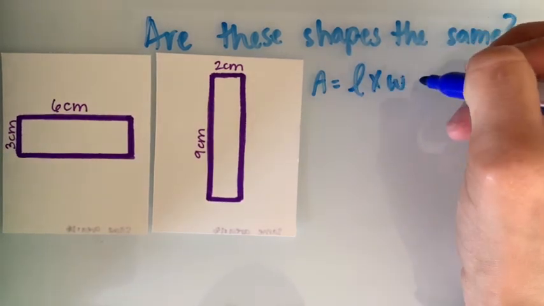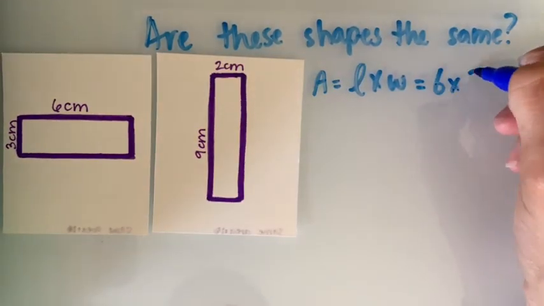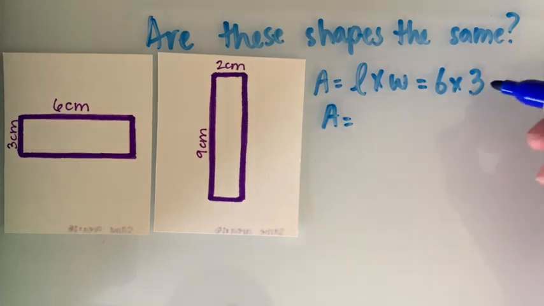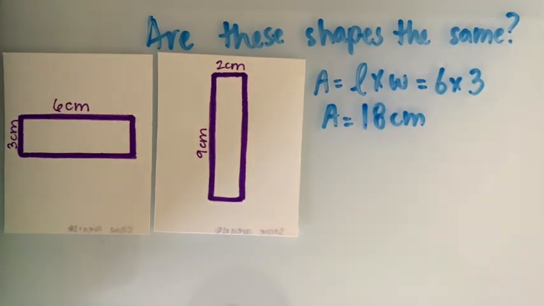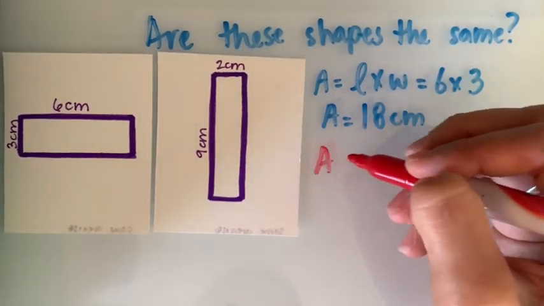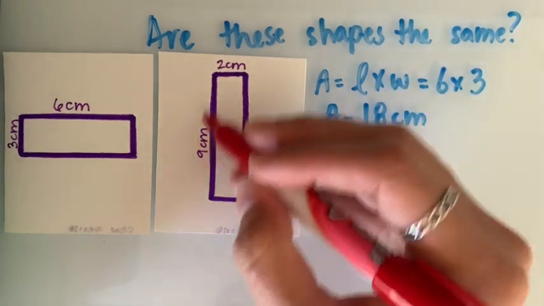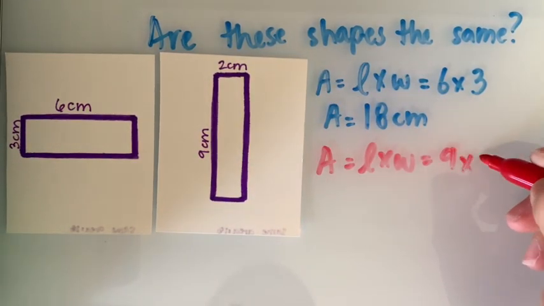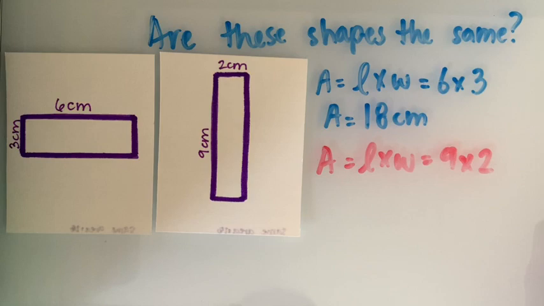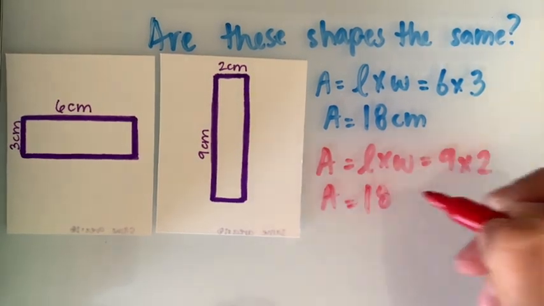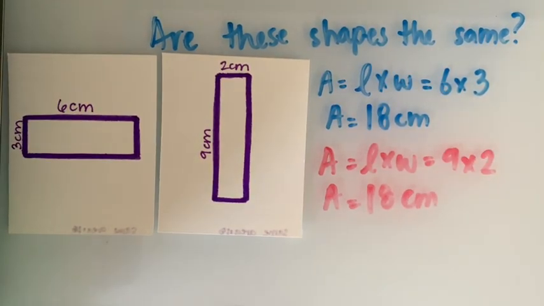So 6 times 3, remember it's length times width, and that equals 18 centimeters. Then for figure number 2, we have 9 times 2, which equals 18 centimeters.